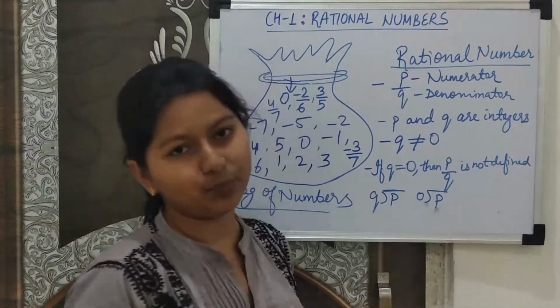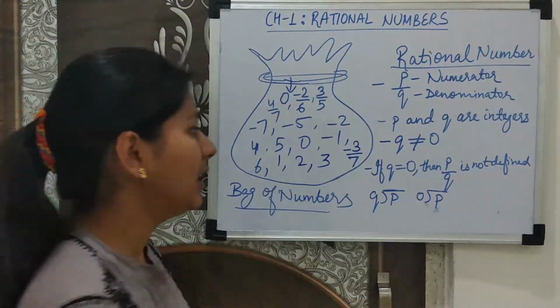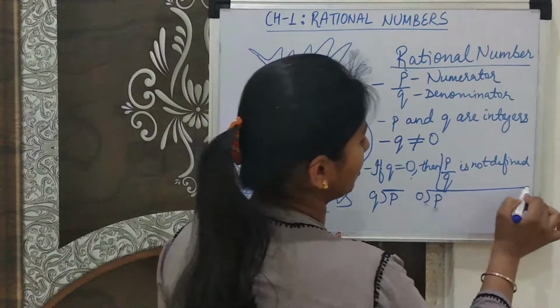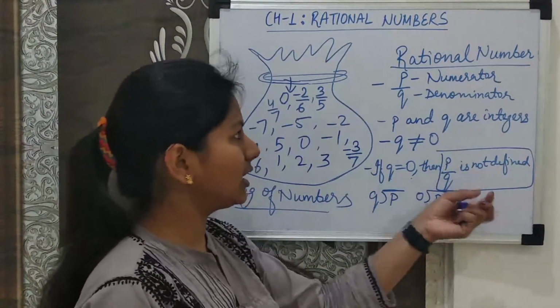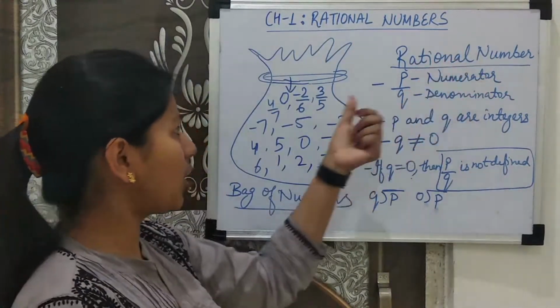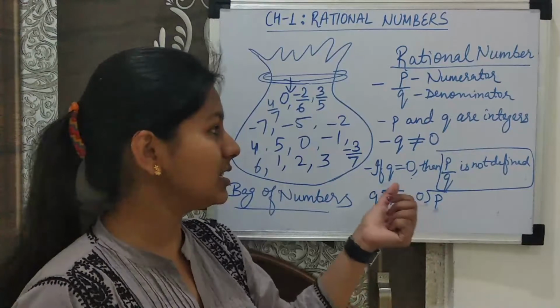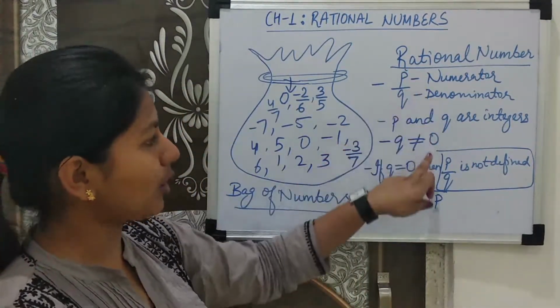Like for 0, we can't read any table. That's why if q is equal to 0, then p by q is not defined. So we have to take care that whether it is a rational number or a fraction also, the denominator can never be 0. Fine. So for a rational number, there are 3 important conditions.